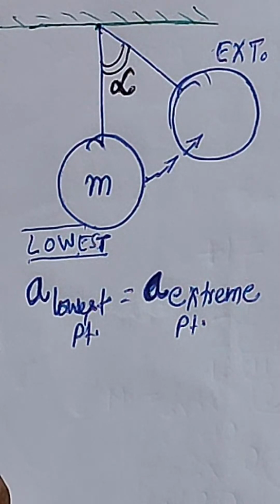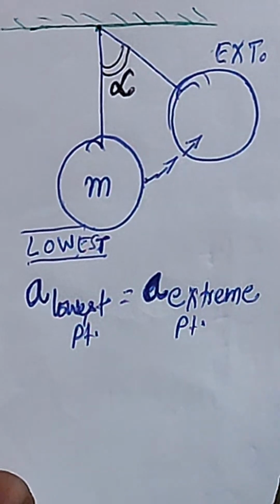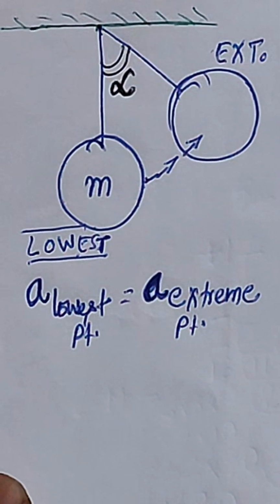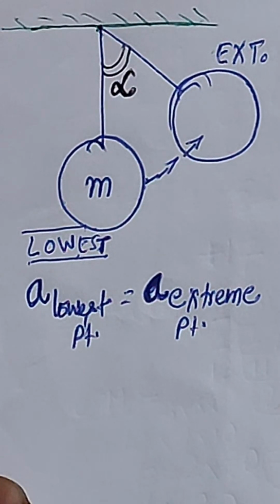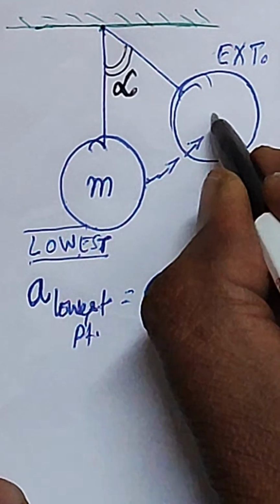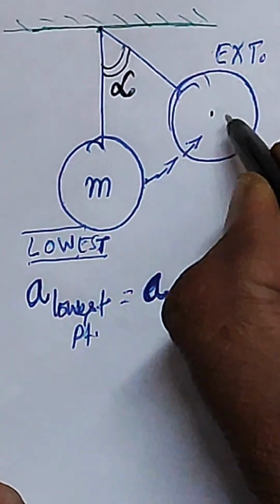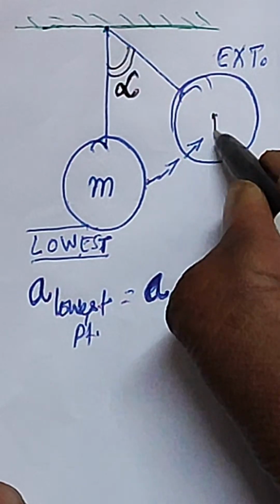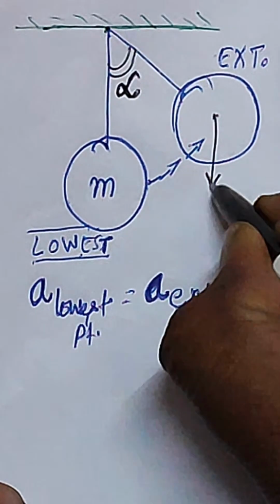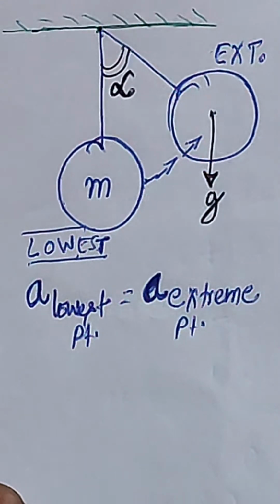If this is the angle of deflection, then in the extreme position there is no centripetal acceleration but only the tangential. How? Because if you draw the free body diagram at this position, the component of g will be acting like here, g.